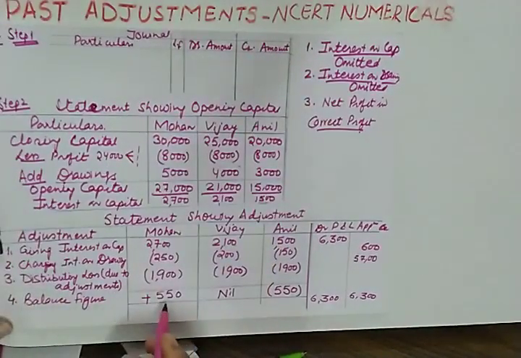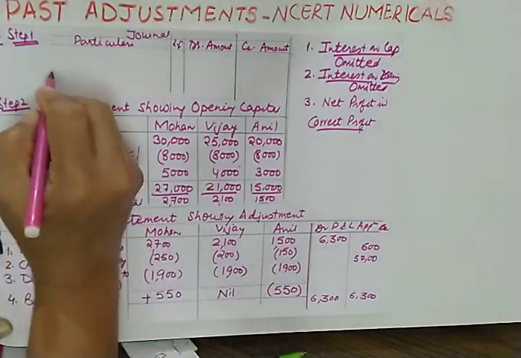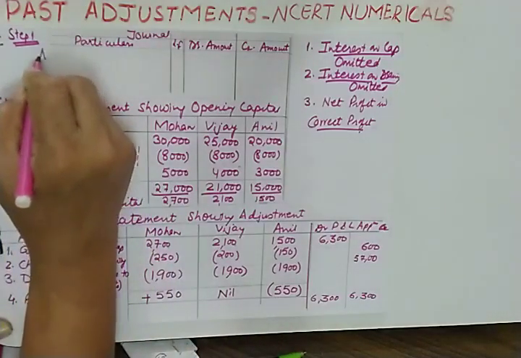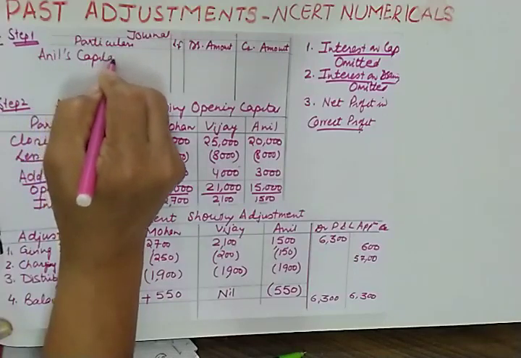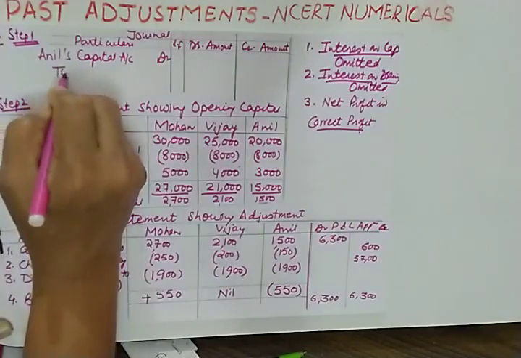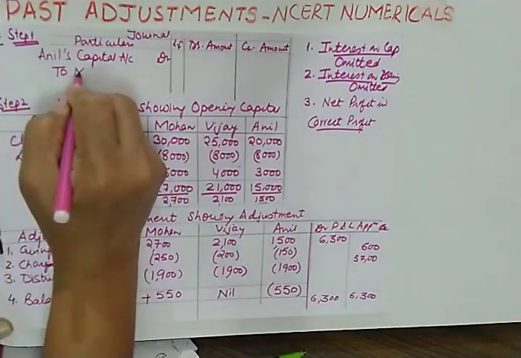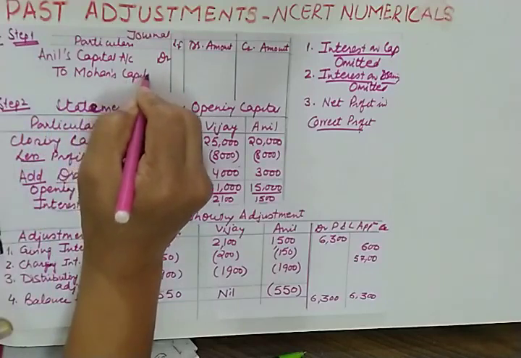So 550 credit plus means Mohan will be given credit and Anil will be given debit. So finally, Anil's capital account debit to Mohan's capital account.